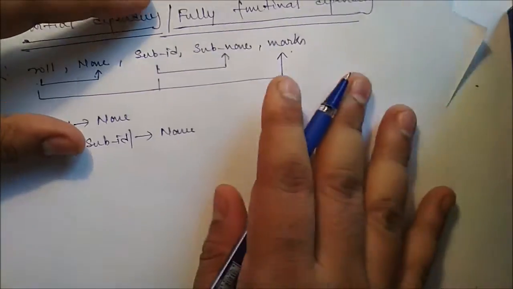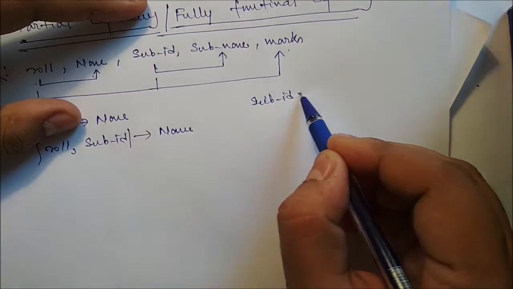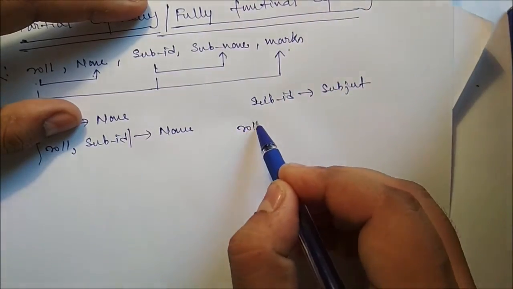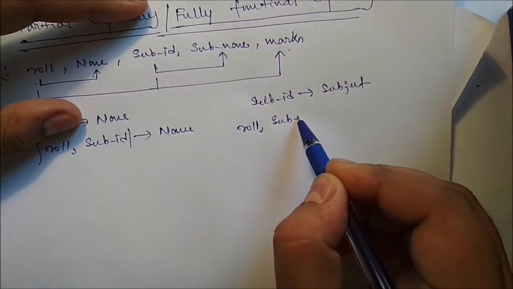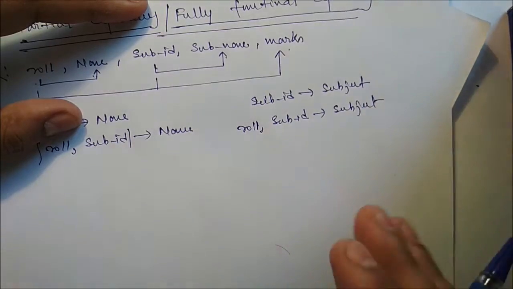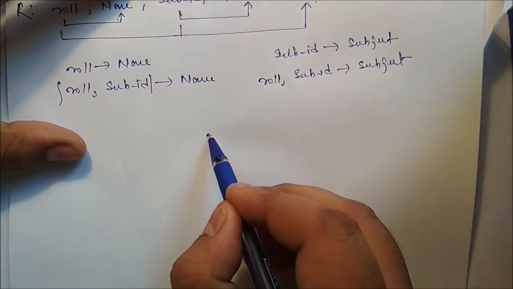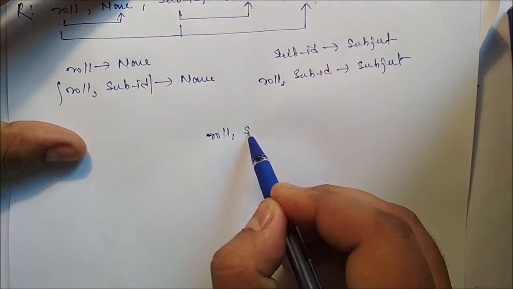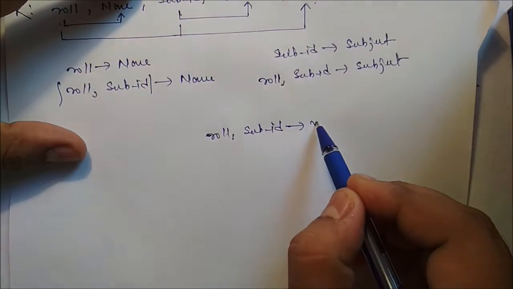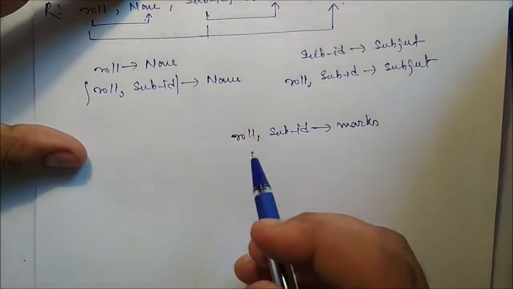Similarly, from the subject ID we can identify the subject name, and from the combination of roll number and subject ID we can also identify the subject name. Similarly, from the roll number and subject ID, we can identify the marks. So the functional dependencies are there.